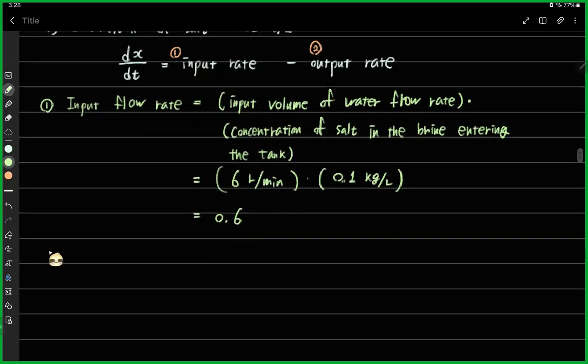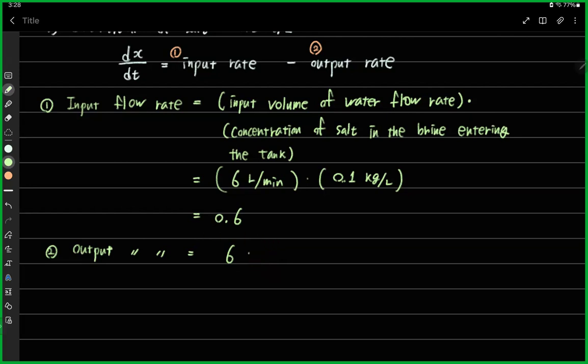Next, the output flow rate is going to be the output volume flow rate, which is 6 liters per minute, times the concentration of salt in the brine, not entering but leaving the tank. What's the concentration of salt coming out from the tank?